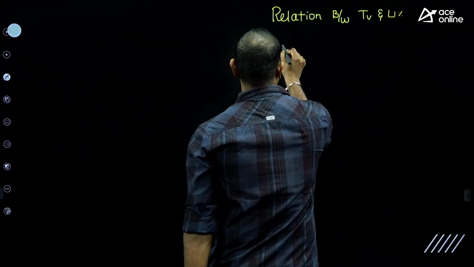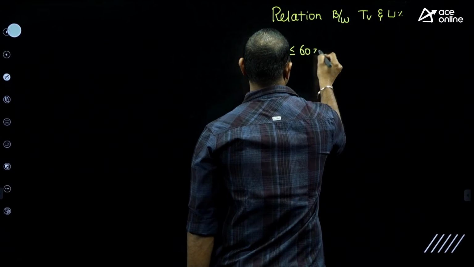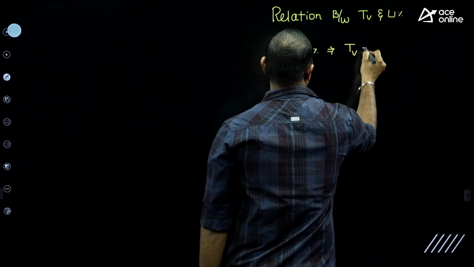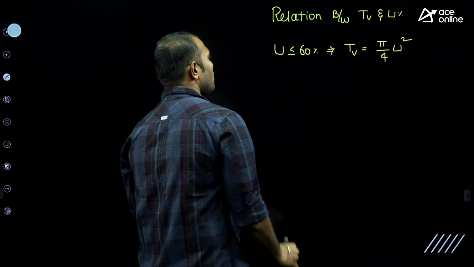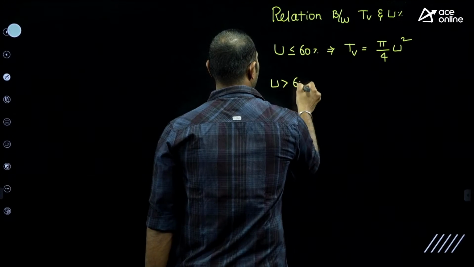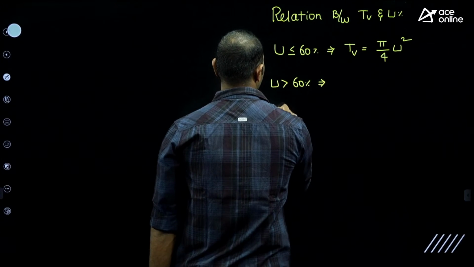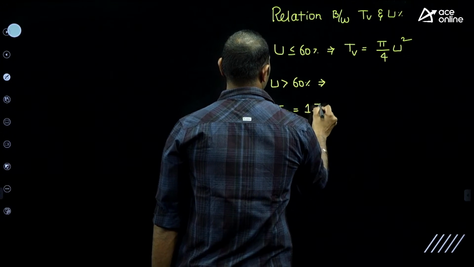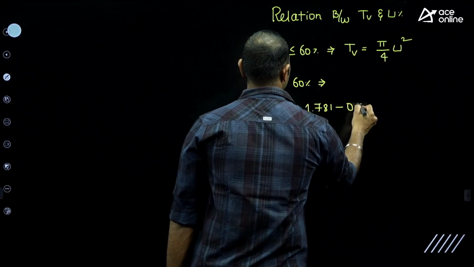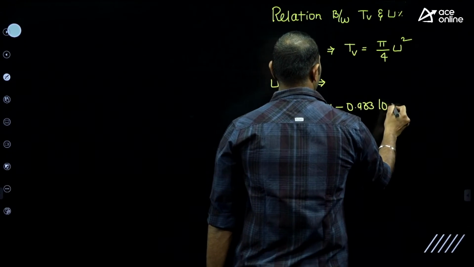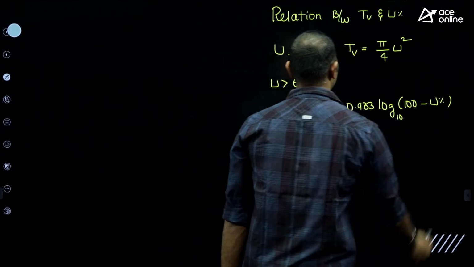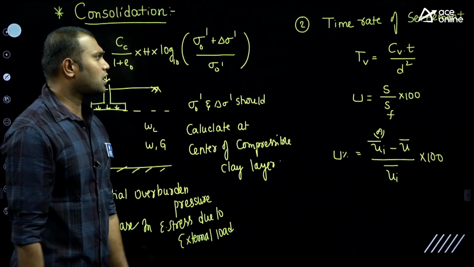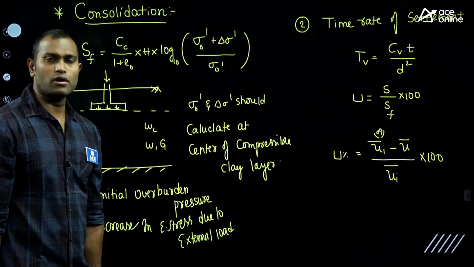As long as the degree of consolidation U is less than or equal to 60%, the time factor Tv equals pi by 4 U square. And whenever U is greater than 60%, the time factor Tv is 1.781 minus 0.933 log base 10 of (100 minus U), with U in terms of percentage. So these are the 2 models where they will be asking more number of questions.